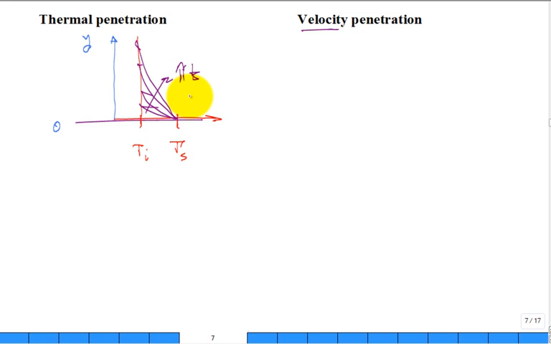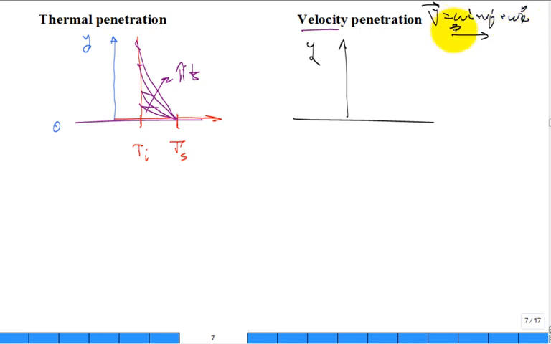In fluid mechanics, we were accustomed to plotting things with respect to y, like the velocity profile. Maybe we plotted the x-direction velocity. Remember, v as a vector is u i plus v j plus w k. Just u is the x-component of the velocity.